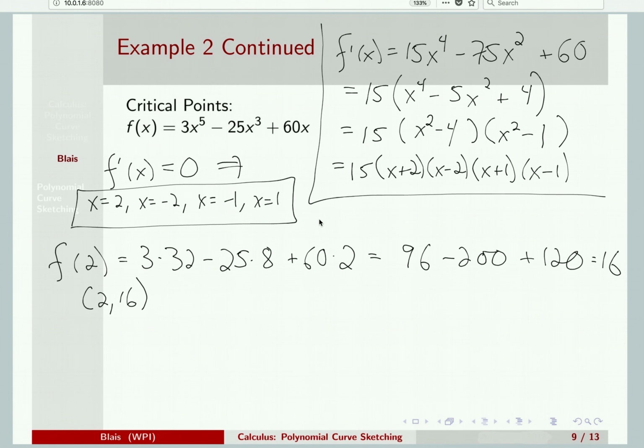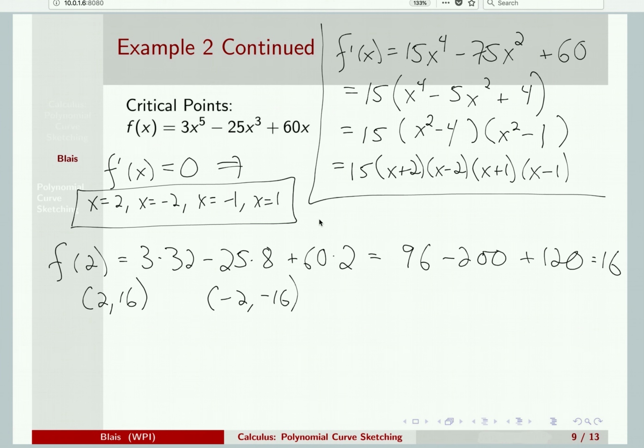And we do that for each of these. You see, if you plug in minus 2, you'll actually get a similar number, just it'll actually be the negative because all these powers of x are odd. So that's why we get (minus 2, minus 16).